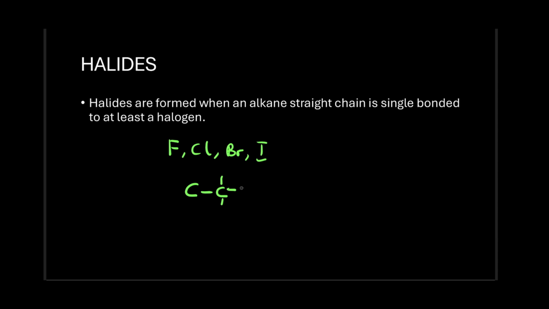So in this case, we can have this carbon atom being bonded to a bromine, and then this bonded to hydrogen. We have another hydrogen here, and then this way. We can also have, since we have the keyword "at least" here, it means we can have more than one halogen being bonded to the alkane chain. We can have the same kind of halogen being bonded to the chain, or we can have two different halogens being bonded to the straight chain.